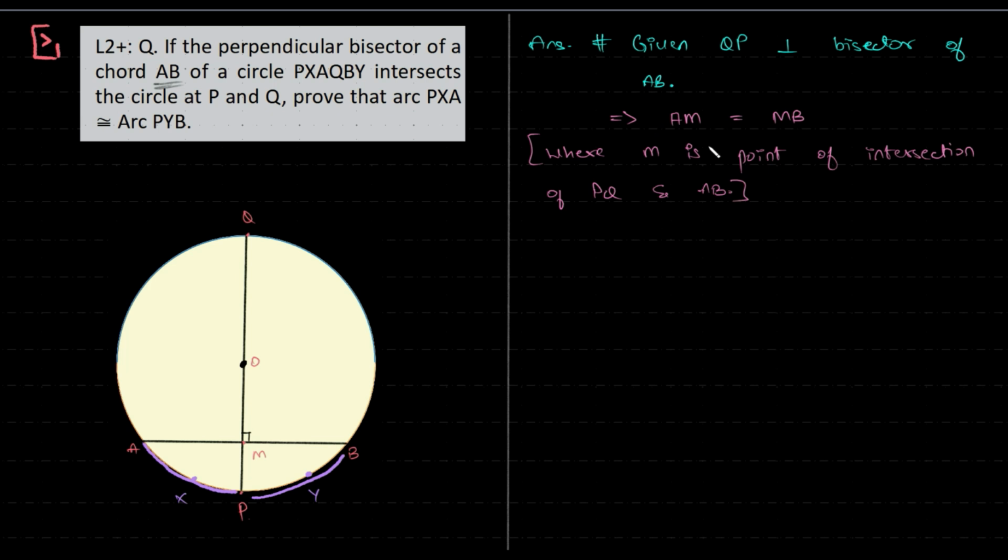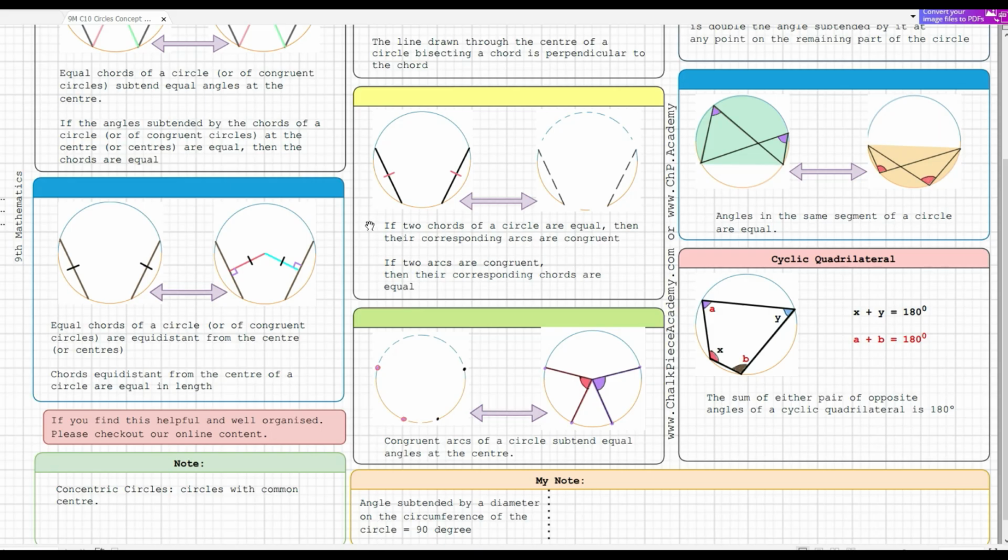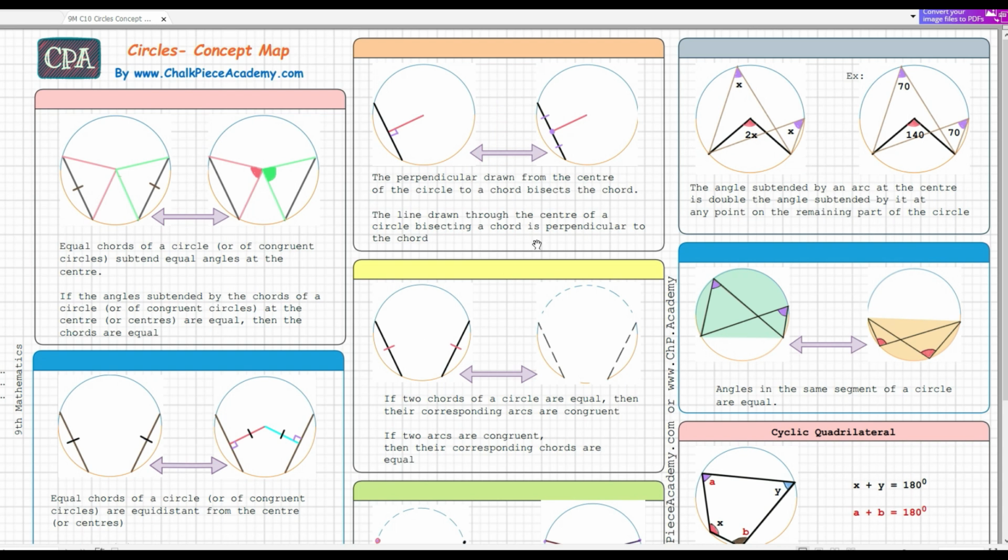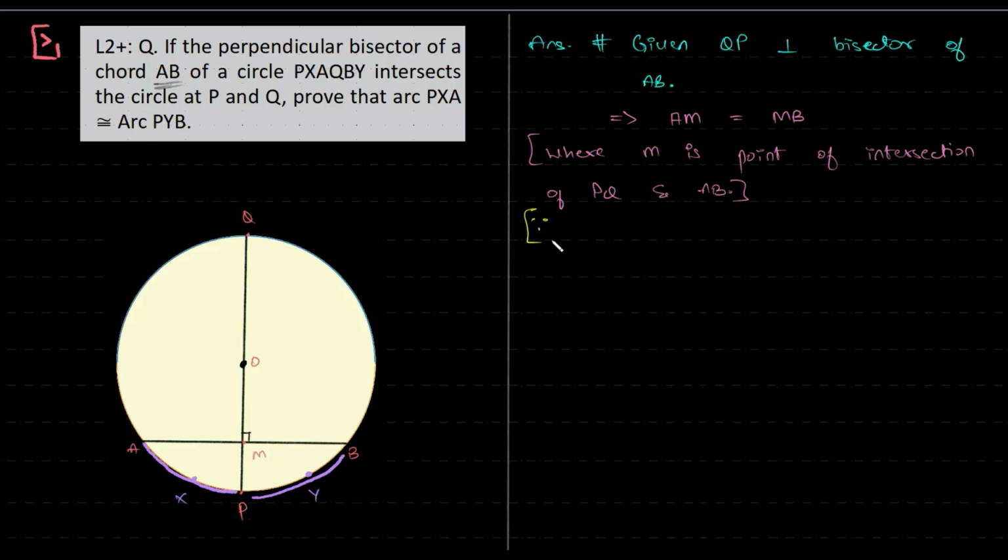Next, why are they equal? The reason being that a perpendicular drawn from the center of a circle to a chord bisects the chord, right? Oh yeah, nothing, they are actually given. My bad. This is given. We are writing it in given only. Why am I giving the reason?